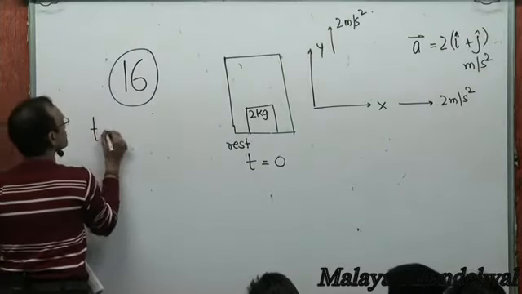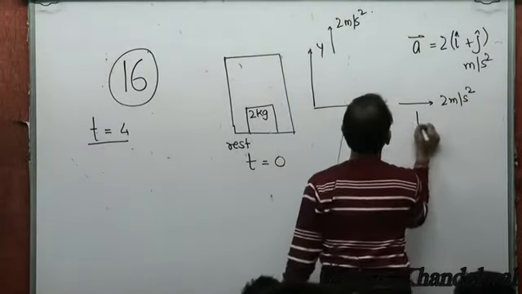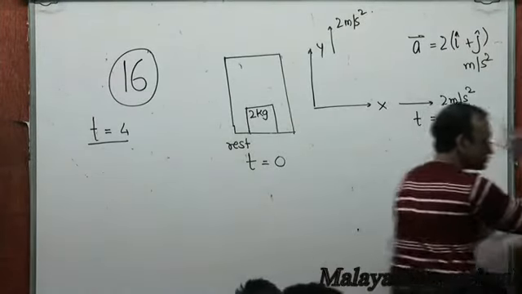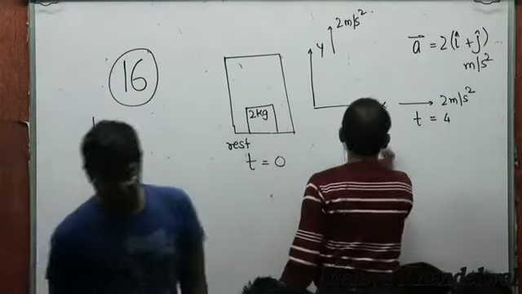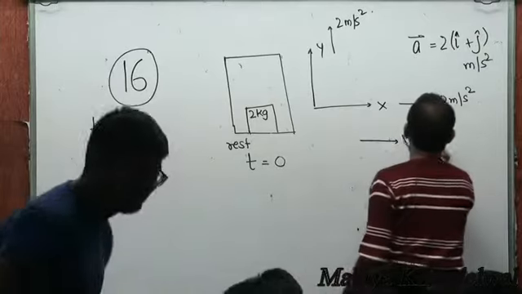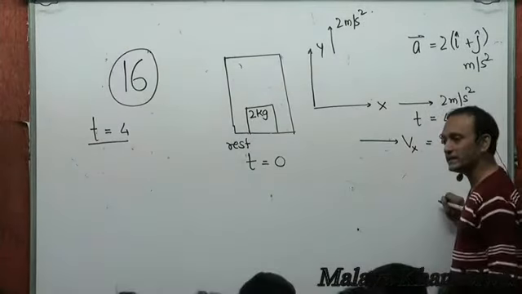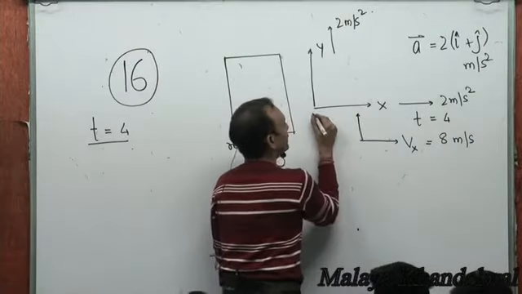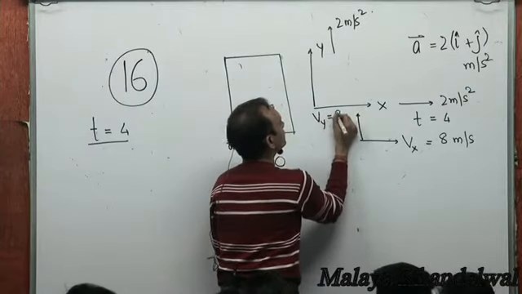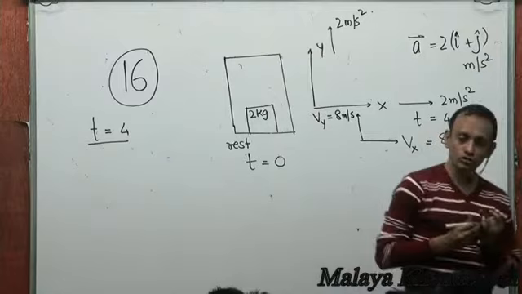What happens 4 seconds later? 4 seconds later, that is at t equal to 4, the elevator develops a rightward velocity Vx, which is 8 meters per second, and develops a vertical velocity Vy, which is also 8 meters per second. 2 into 4.